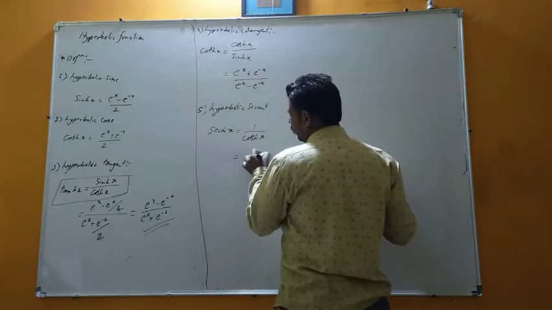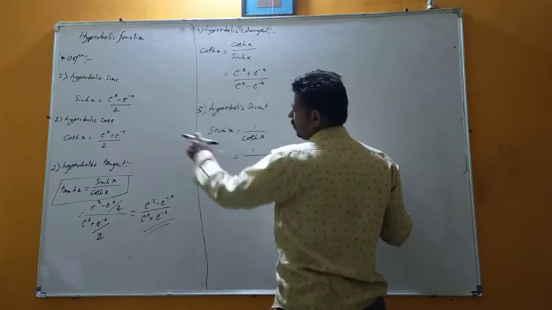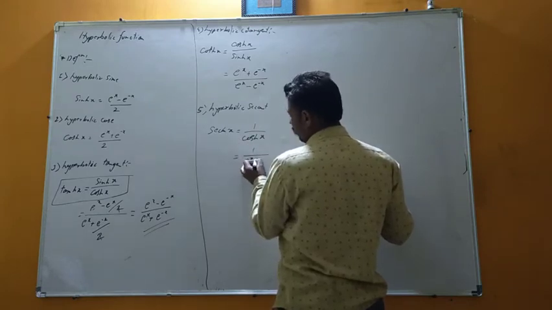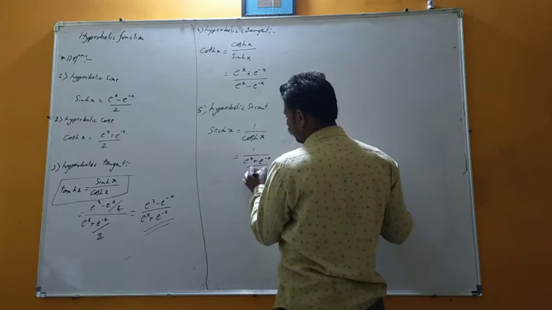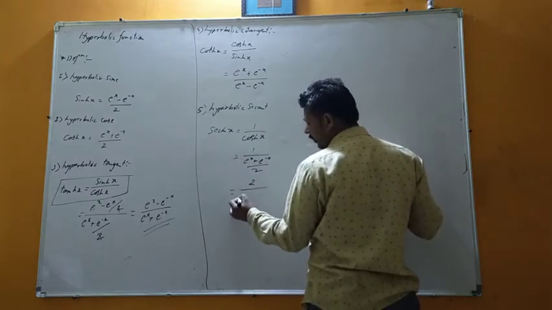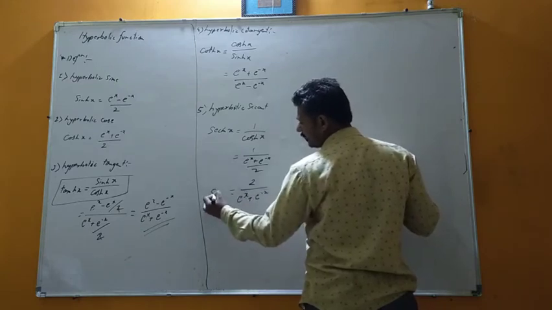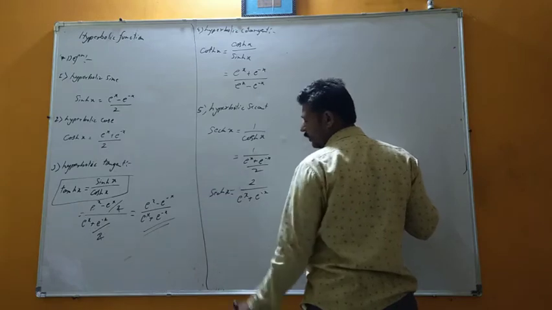Since cosh x is e raised to x plus e raised to minus x upon 2, it implies that it is 2 upon e raised to x plus e raised to minus x. This is the hyperbolic secant of x.